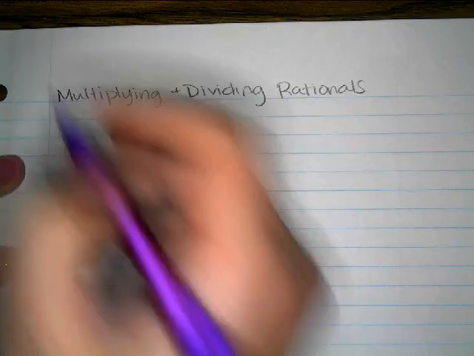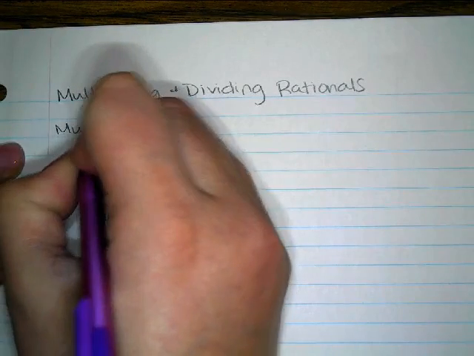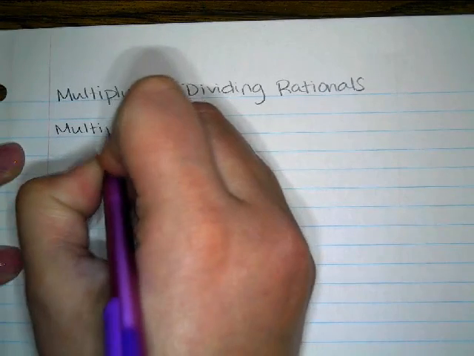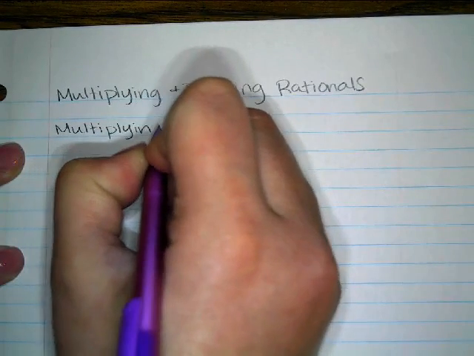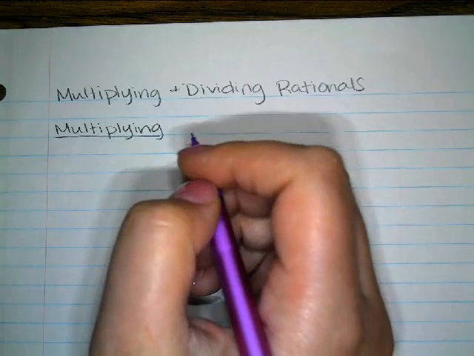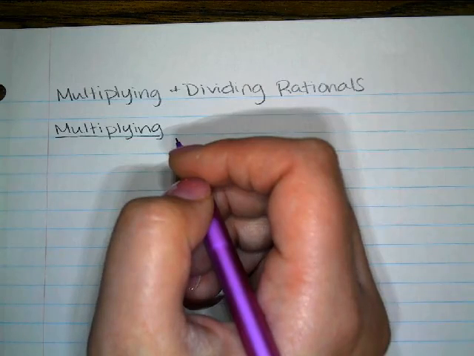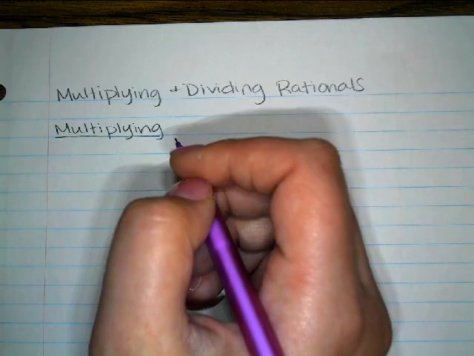All right. So multiplying and dividing. This first example is multiplying. And multiplying is almost exactly the same as simplifying. It just adds an extra fraction to deal with.